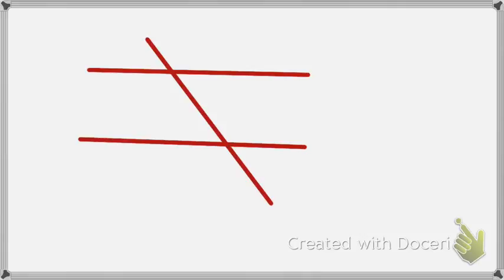We call this alternate exterior angles because they're on alternate sides of the transversal line. Alternate exterior because they're opposite sides outside of the parallel lines. All right? Just like these would be alternate interior angles.